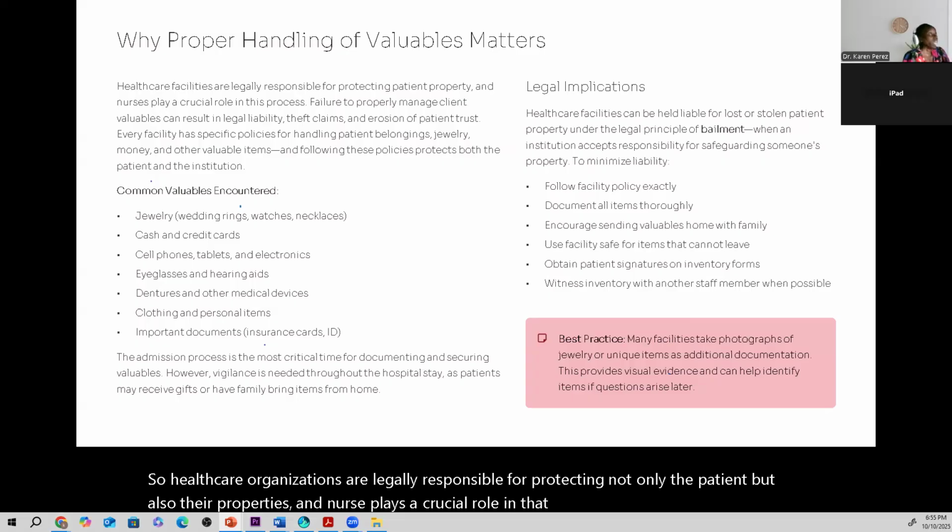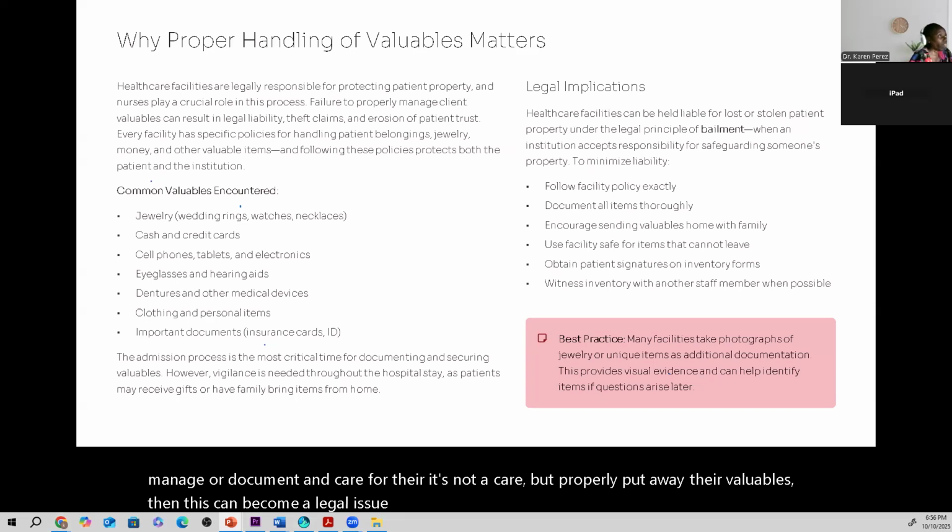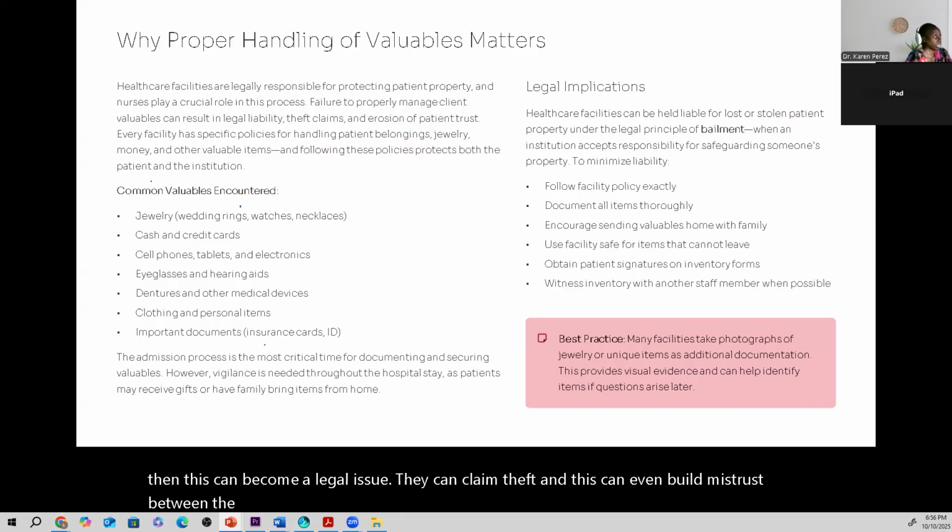If there's a failure to properly manage, document, and put away their valuables, then this can become a legal issue. They can claim theft, and this can even build mistrust between the patient and the facility, all right?